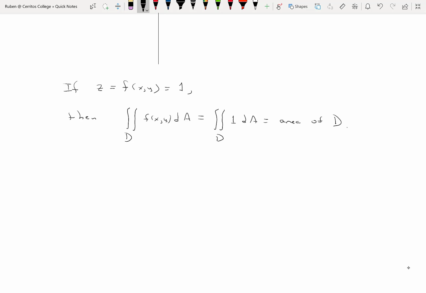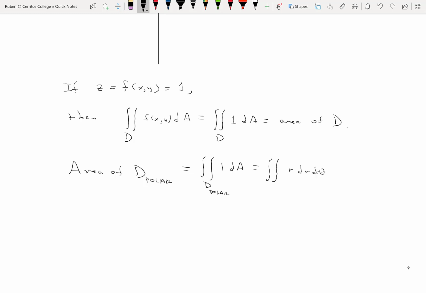That doesn't change here. For integrals in polar form, the area of D, our polar rectangle or whatever, is still the double integral of 1 dA over our region, D polar or whatever our region looks like. But dA changes to r dr d theta.